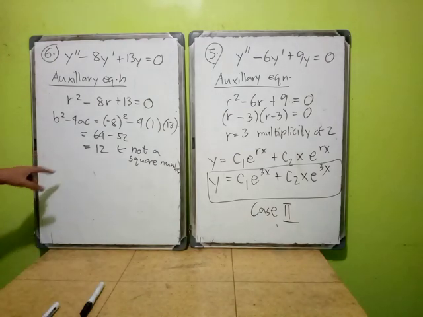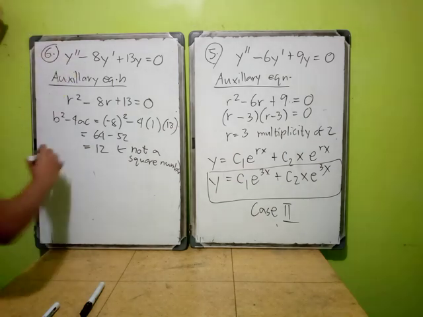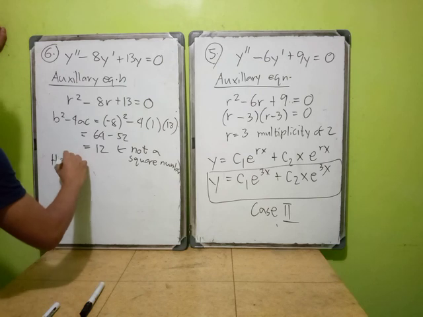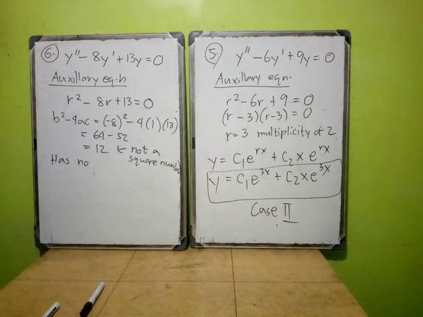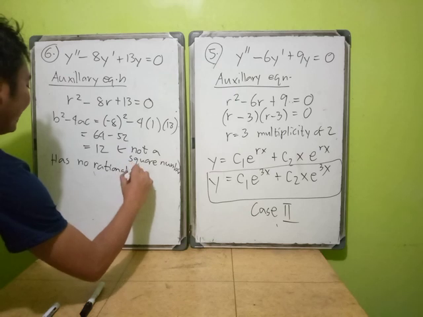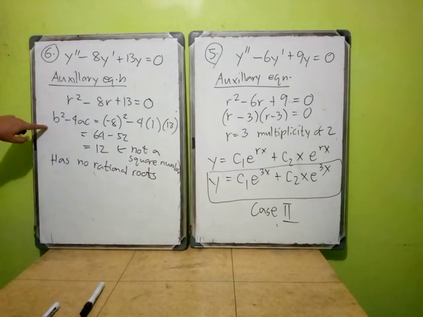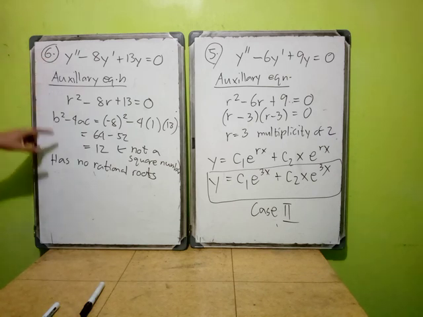Because this is not a square number, it has no rational roots. So that's how you know it. If you are not sure with your solution, one thing is you get the discriminant.